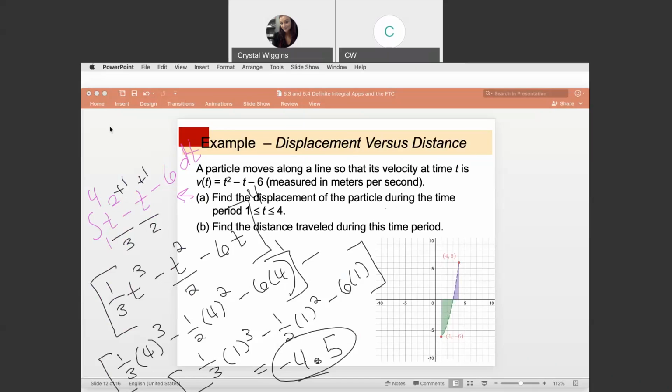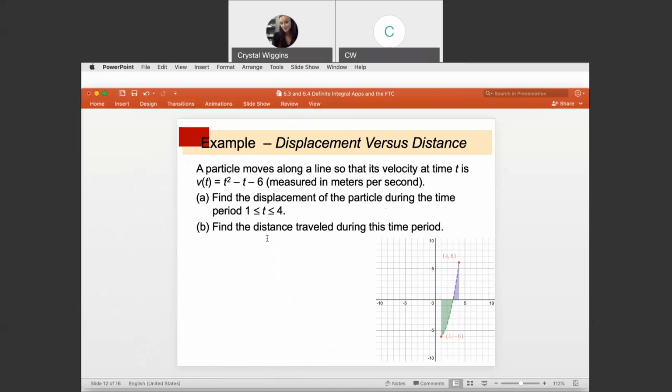Now for total distance, the difference is we do need to find the point at which the negative area turns into positive area, and we have to split the integral as such. So if we look at this graph, it seems pretty clear that it's split at 2. Actually, no, just kidding, 3. So from 1 to 3, we're in the negative, and from 3 to 4, we're in the positive.